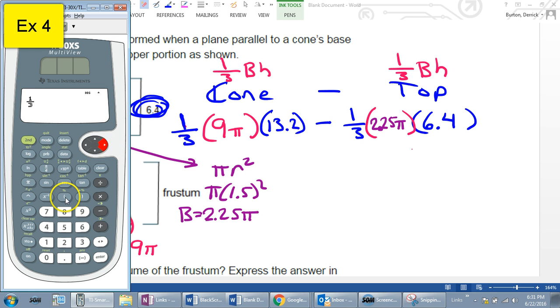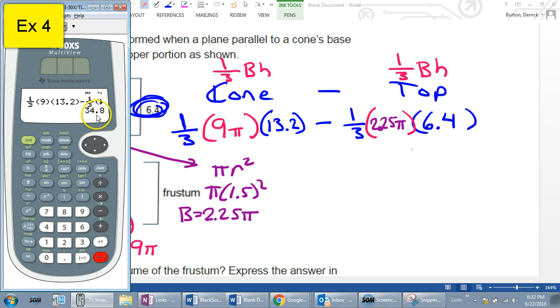And instead of doing 9 pi, I'm just going to do 9. And then 13.2. Okay, and I'm going to do minus 1/3, 2.25 and 6.4. All right, I'm not putting pi in.